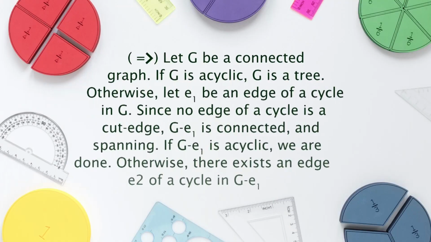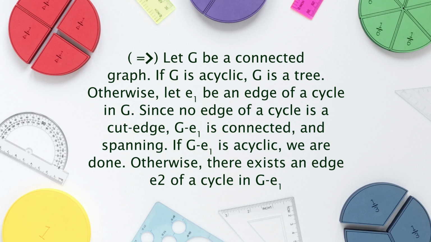And now we prove that if a graph is connected, then it contains a spanning tree. Okay, so let G be a connected graph. If G is acyclic, then G is a tree, right? Otherwise G has some cycle, and let E1 be an edge of a cycle in G. Now since no edge of a cycle is a cut edge, G minus E1 is connected, right?